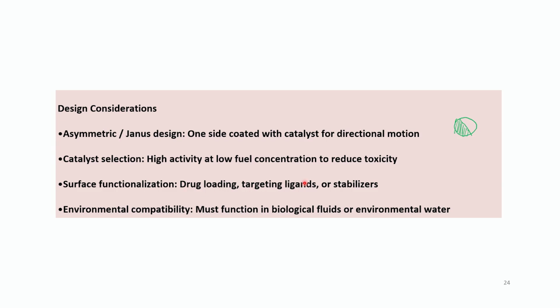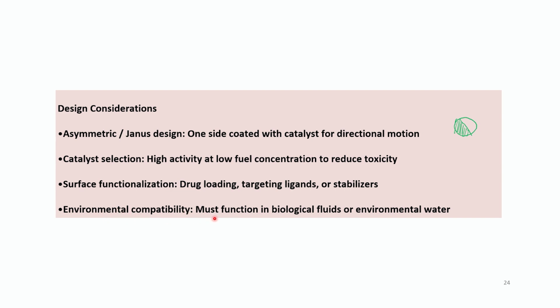If you are targeting a ligand, you are doing surface functionalization of your bot with the particular receptor that is specific to that ligand, or stabilizers. So when you are targeting a ligand, basically you are putting on the surface of your bot the corresponding receptor.